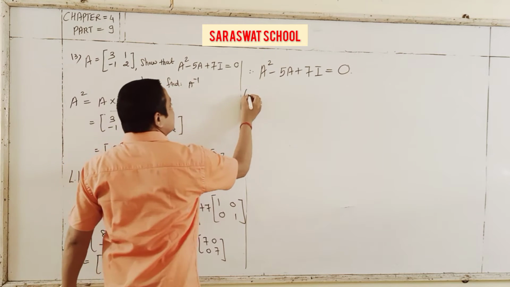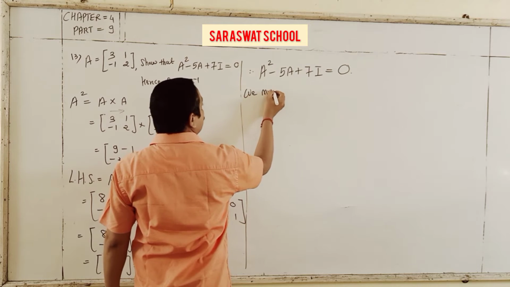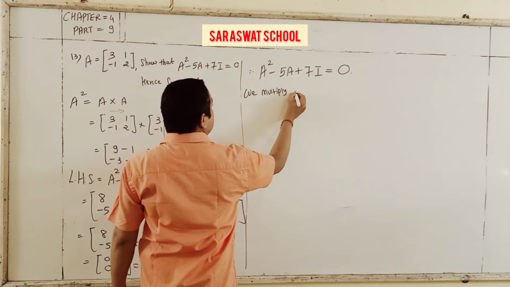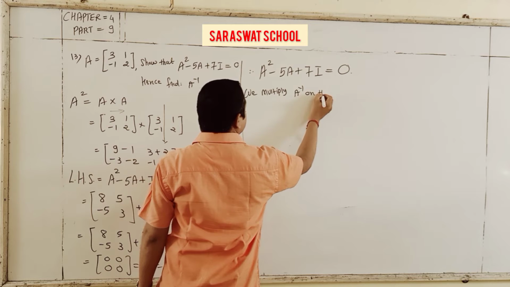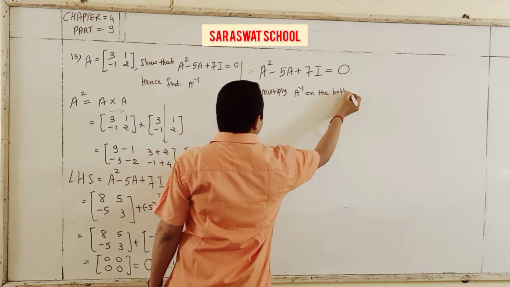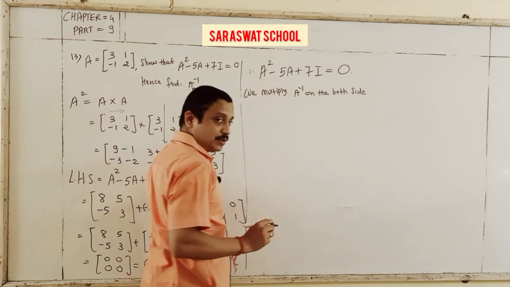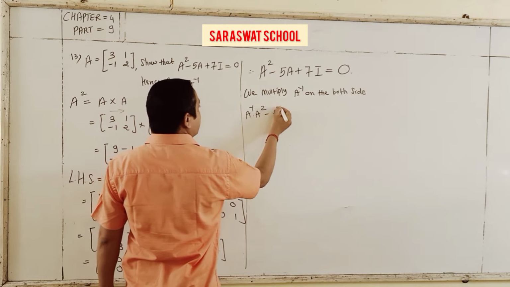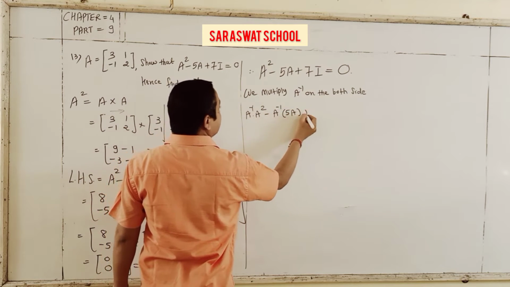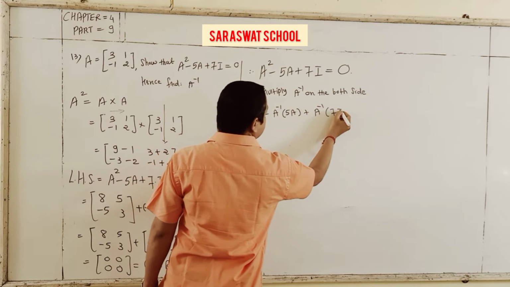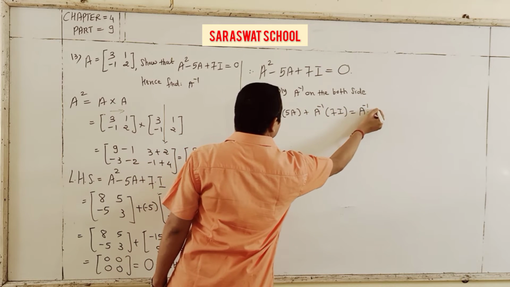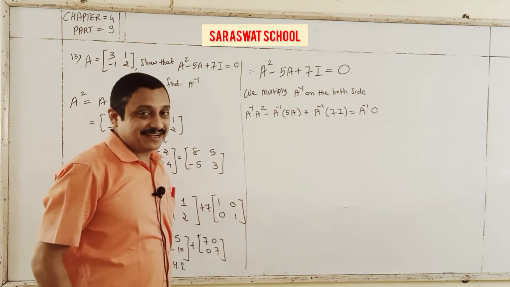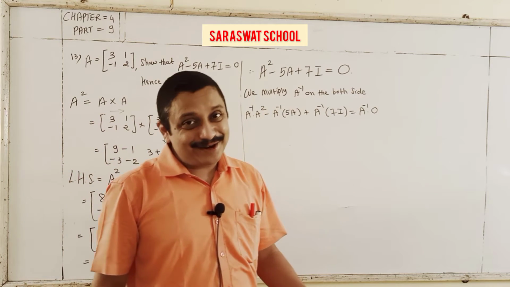It means we multiply both sides. Multiply A inverse on both sides. So here A inverse to each term multiply, A inverse to 5A multiply, and A inverse with 7I to multiply both sides. So easily you derive your A inverse.